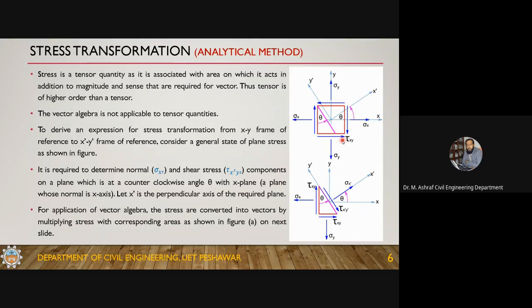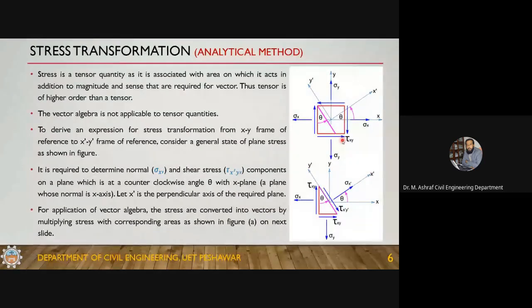So this is the product of a stress quantity and the area vector. Okay, so you can say it like this. It is associated with area vector.